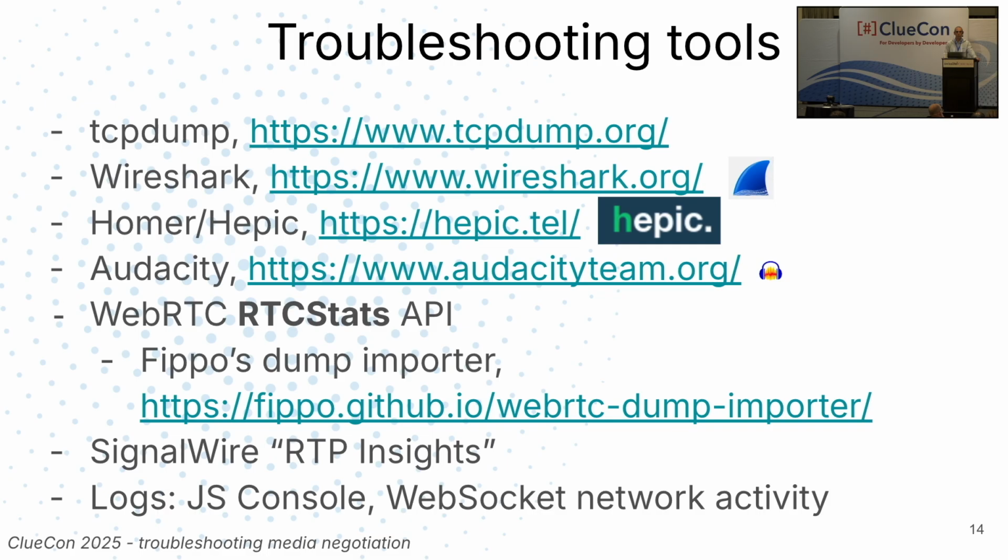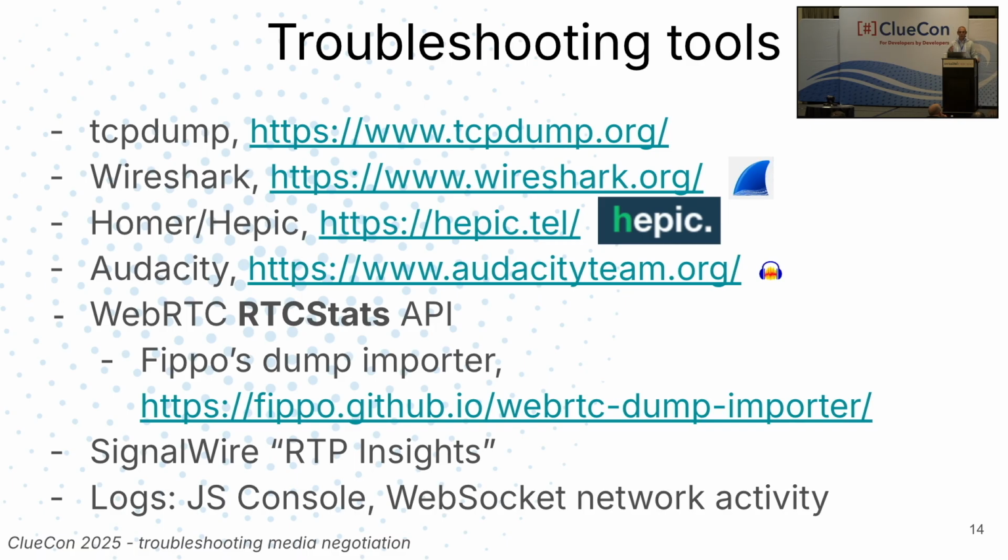Audacity is a useful tool for editing and looking into audio files. And of course, something that comes together with the WebRTC API is another set of APIs, which is the RTCStats, that can be accessed by the JavaScript application at any time.